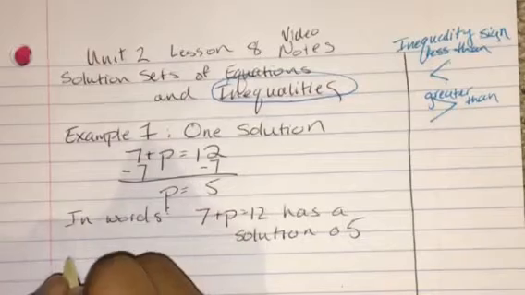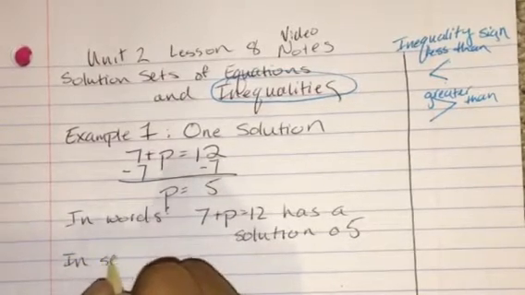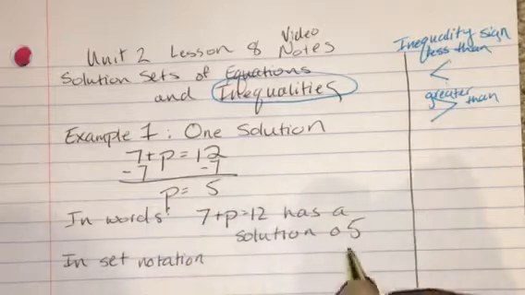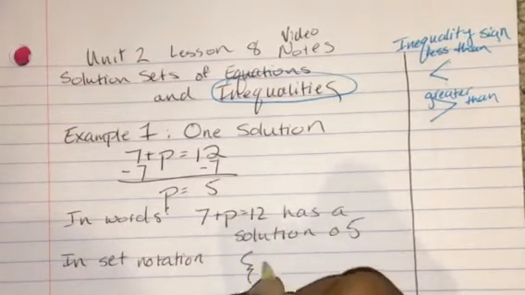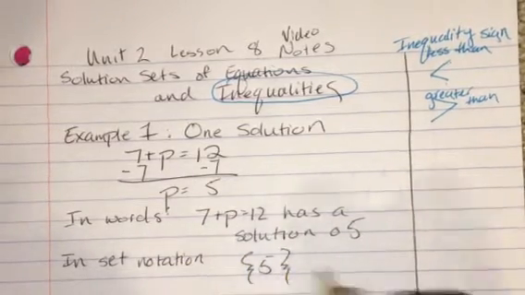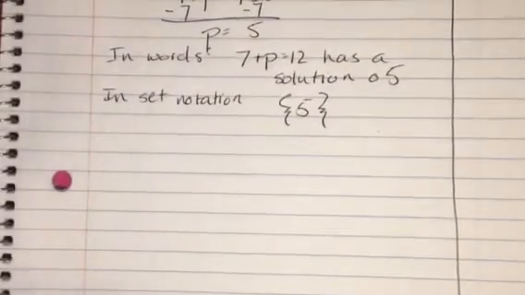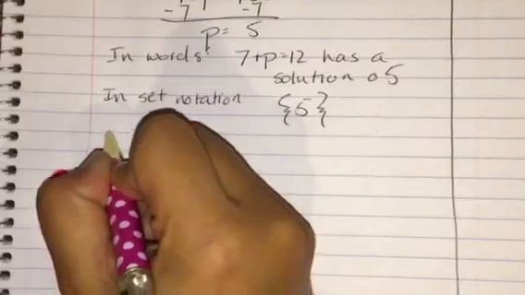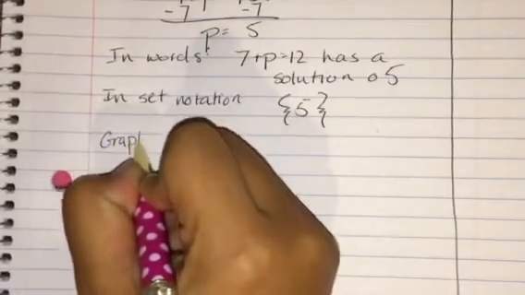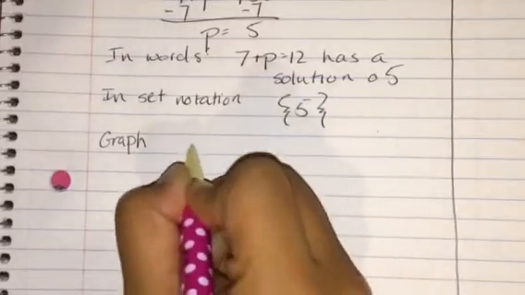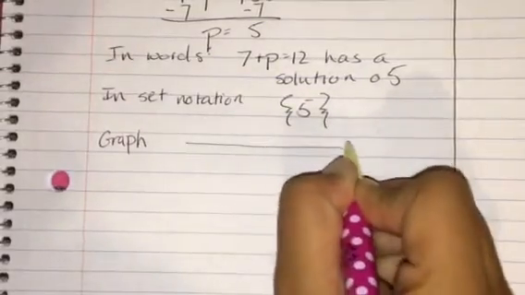In set notation, this is review notation, the solution set is 5 with these curly brackets, and graph. If we graph the solution set, we draw in a line.